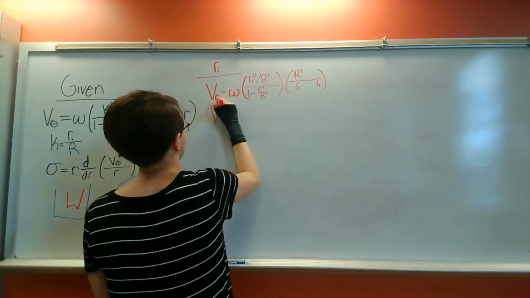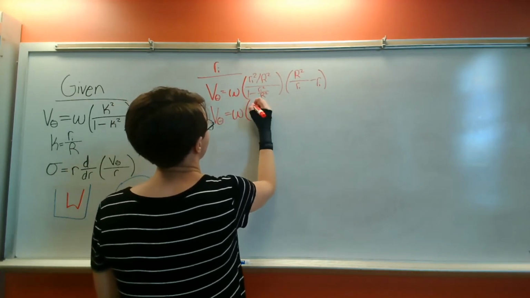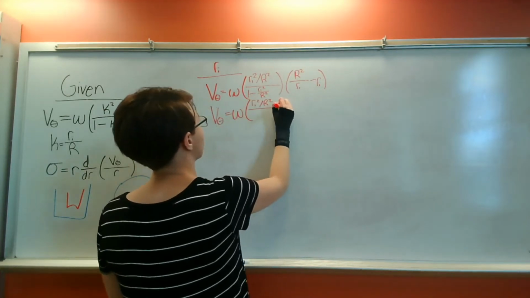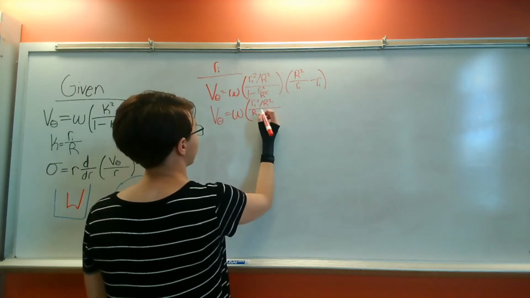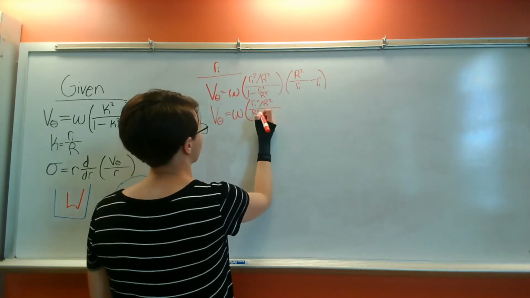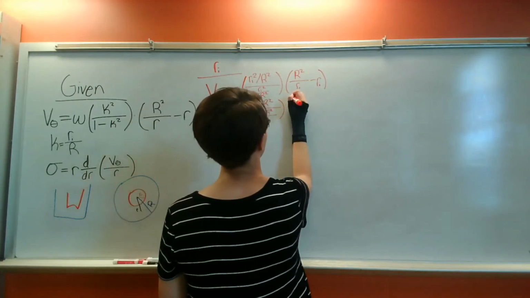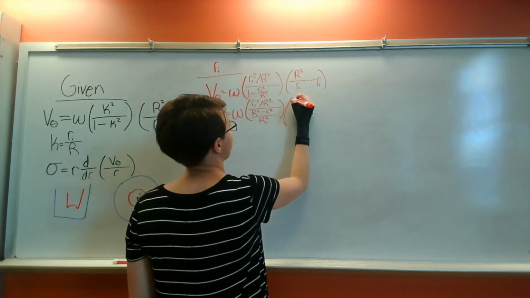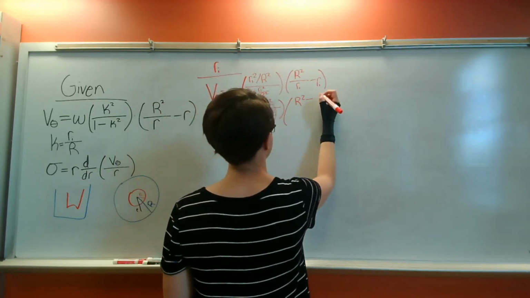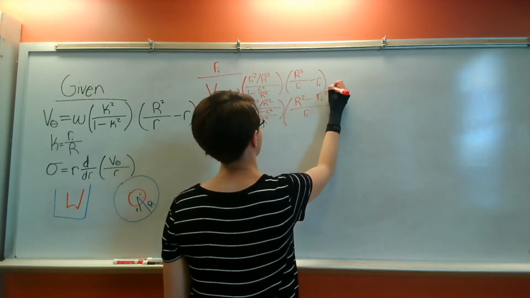So we've got the velocity is equal to omega. We'll keep the numerator the same. And then on the denominator we got outer radius squared minus the inner radius squared over the outer radius squared. And then this is going to be times outer radius squared minus the inner radius squared over the inner radius.